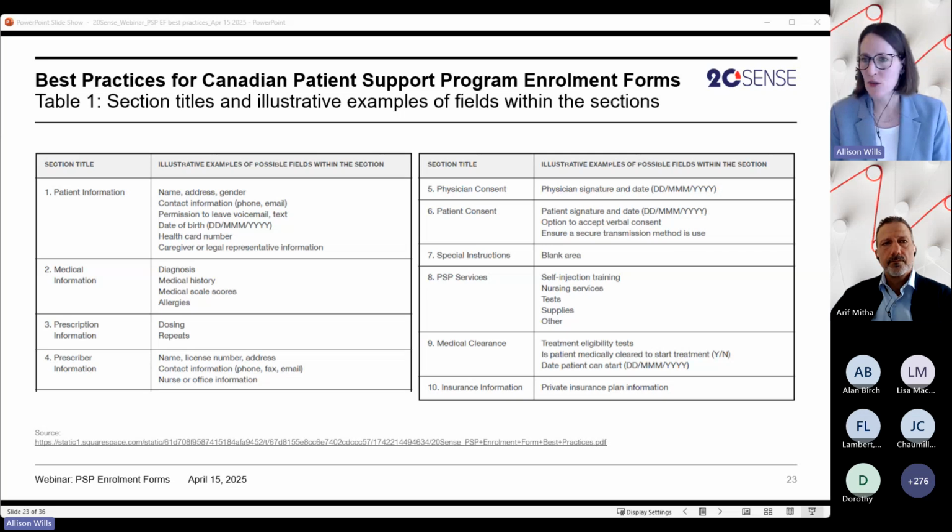And then a second question that we have here: are all of these best practices PAB approved? Were all forms used in the review PAB approved? So we did look, it wasn't a formalized part of this analysis, but about 50% of forms are PAB approved and 50% are not. So that's where we left it.